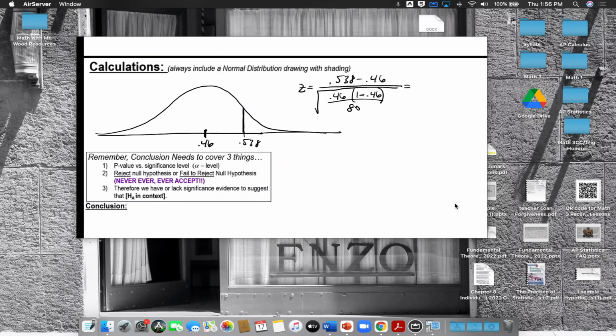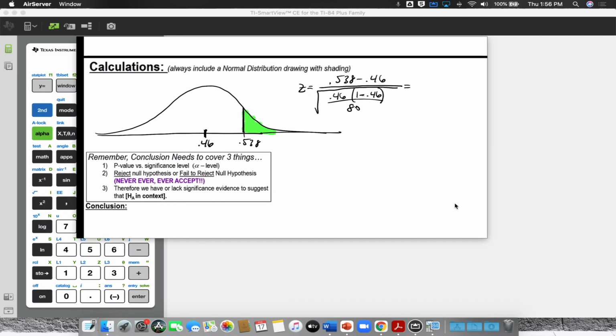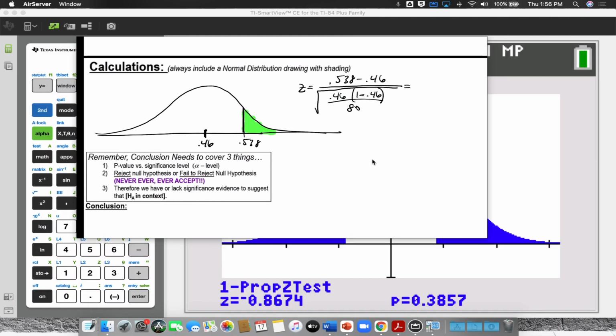This one is differs from. So we're going to shade towards the extremes. We always shade towards the extremes. That's one half of it. How do I determine what the other half is going to be? 0.538 minus 0.46, the difference at the 0.46. Exactly. Find the distance here, and then subtract it from 0.46.